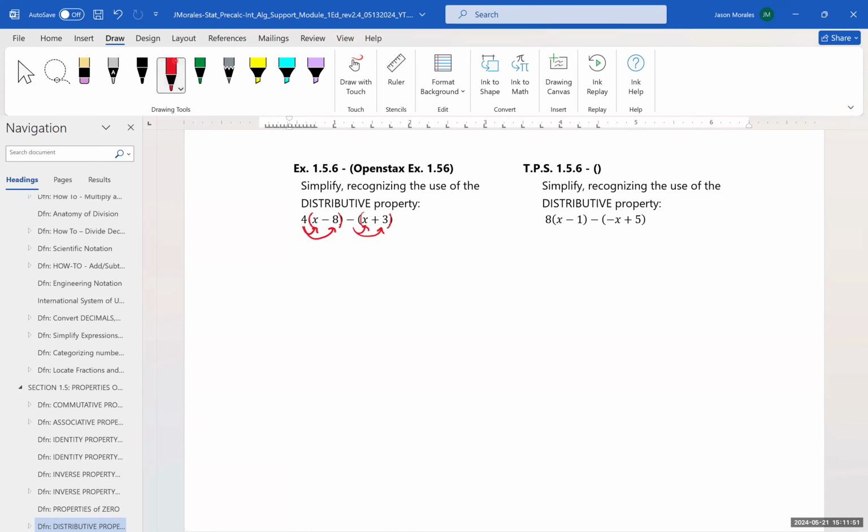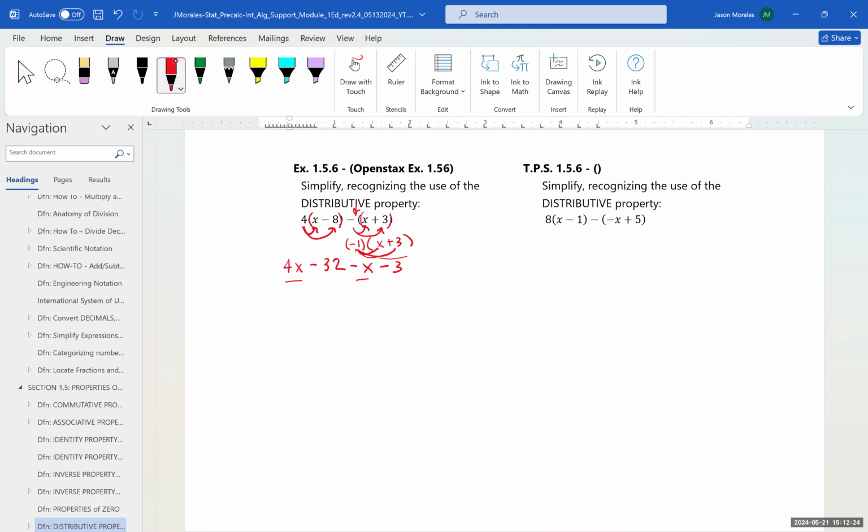Here on the left, we're going to have 4x minus 32. Now what do we do here, because I don't see a number? What you want to do is think of this as -1 times x plus 3. And so you're going to distribute this -1. So we're going to have -x minus 3. -1 times x is -x, and -1 times +3 is -3.